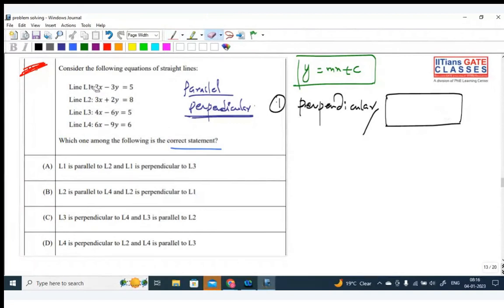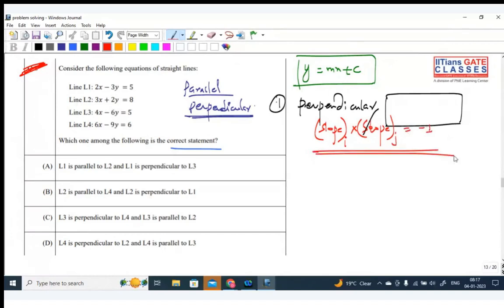Because there are m1, m2, m3, so many lines, just generalize this: slope of any line i times slope of any line j should be equal to minus 1. This is for perpendicular.